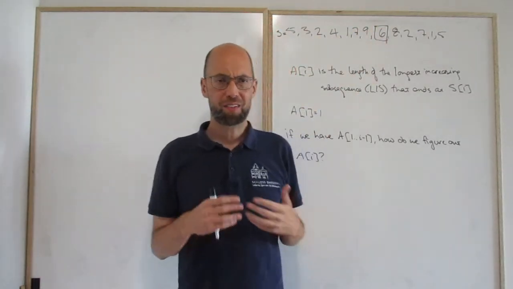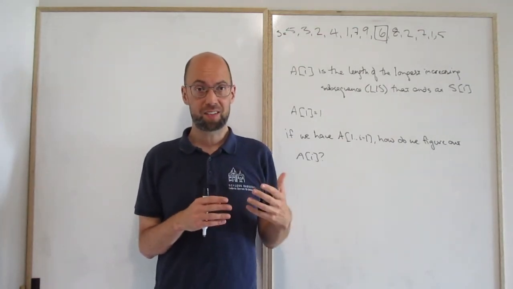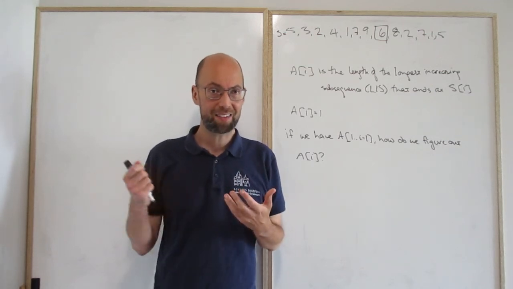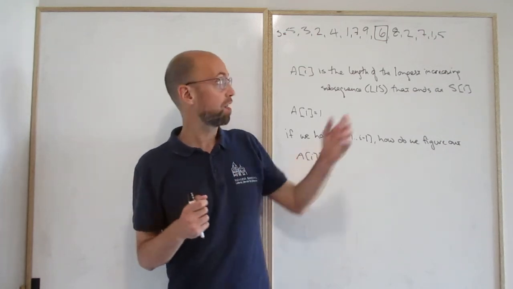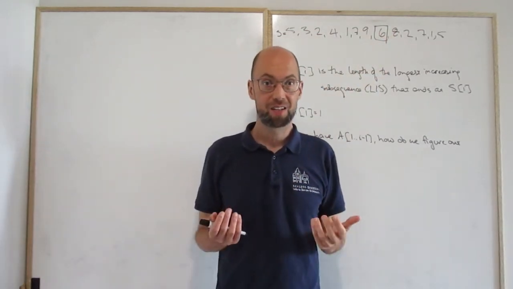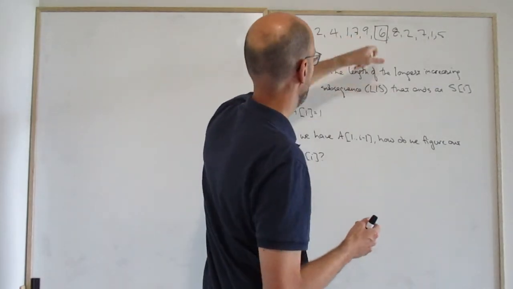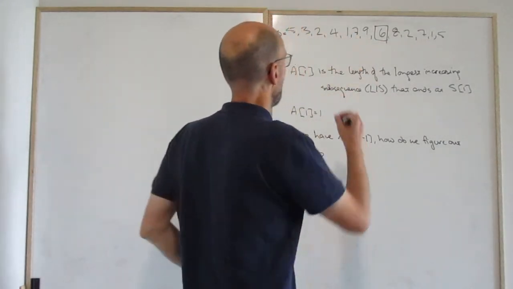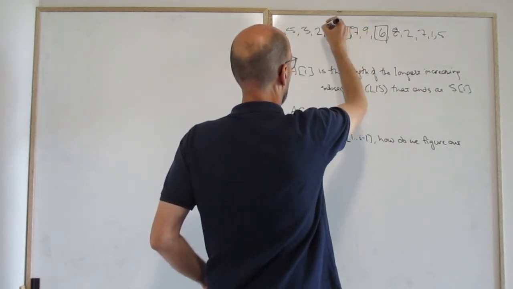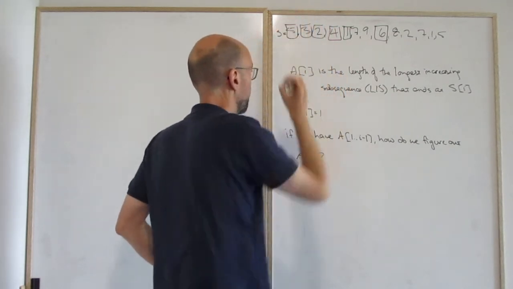No, because A_7 is the length of the longest subsequence that ends at S_7. S_7 is a 9. We can't append a 6 to a subsequence that ends with a 9. We can look here and here and here and here and here.